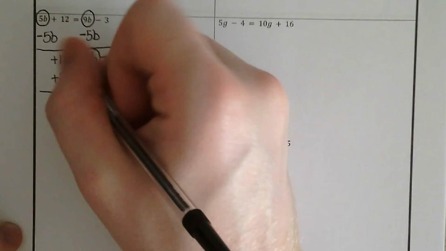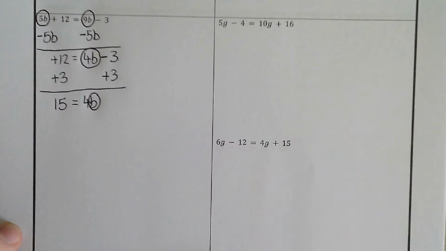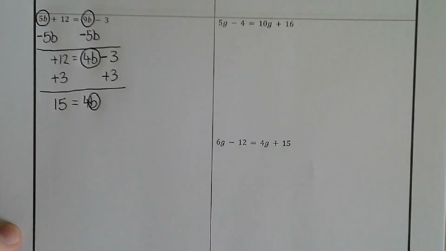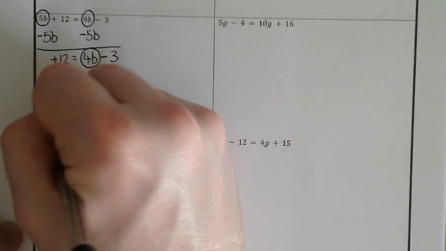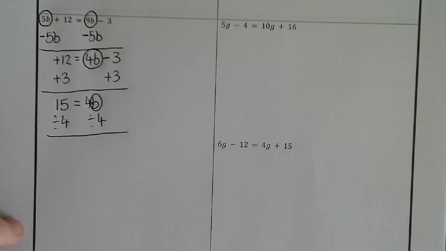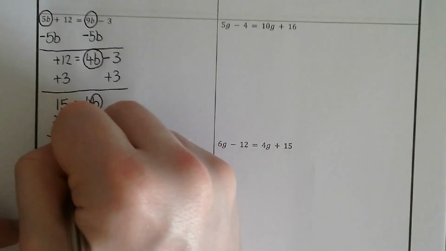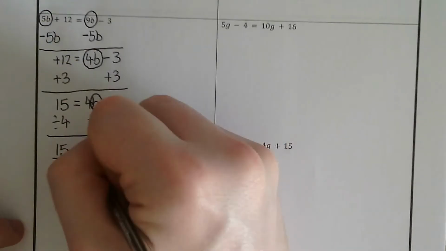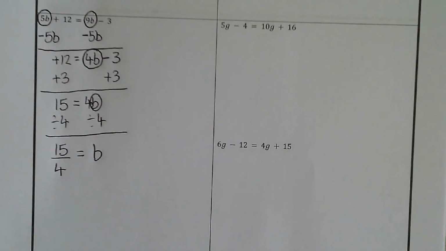Now we need to isolate the variable, which means I need to get b by itself. So to undo this 4, we're going to divide both sides by 4. 15 divided by 4, we're going to leave as a fraction, and 4b divided by 4 leaves us with b. You now need to have a go at the two questions on the right hand side and then mark your answers.